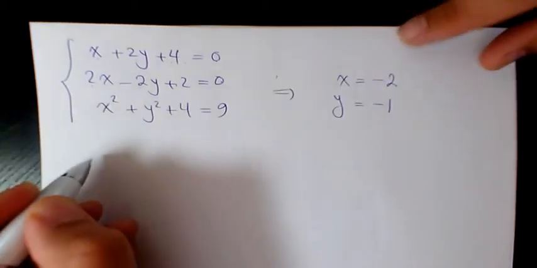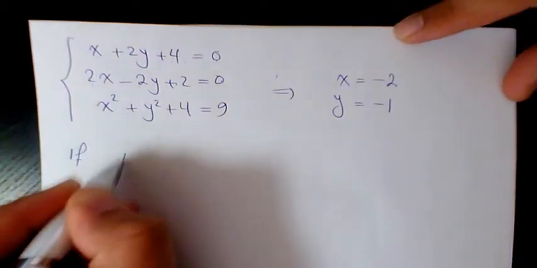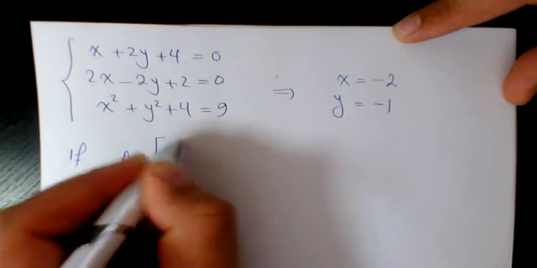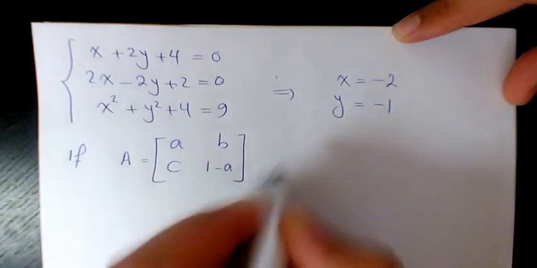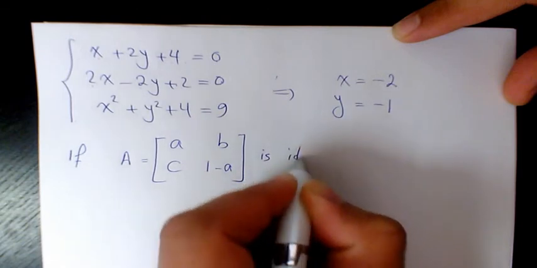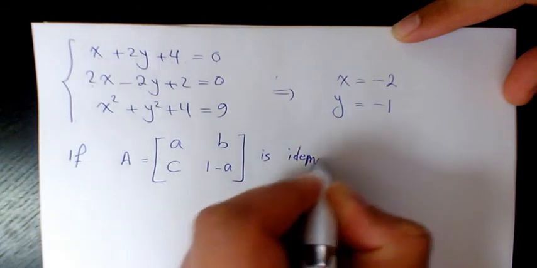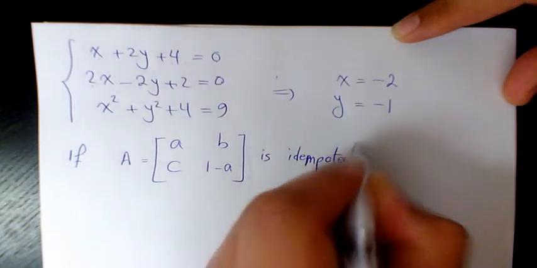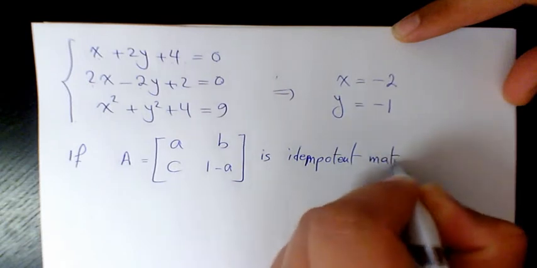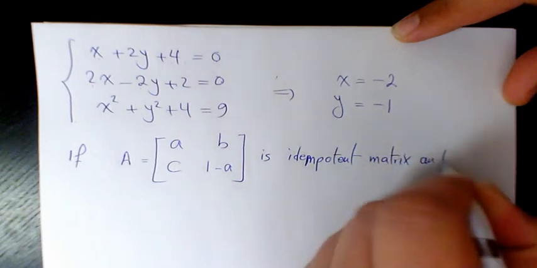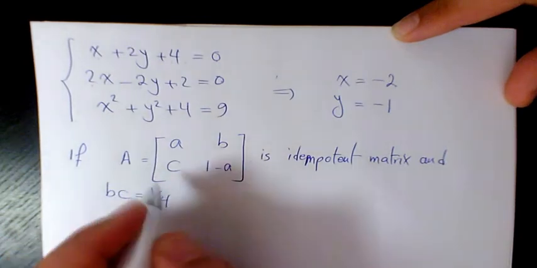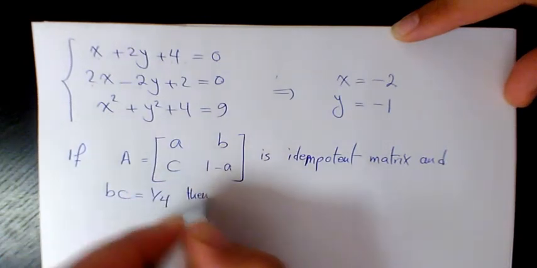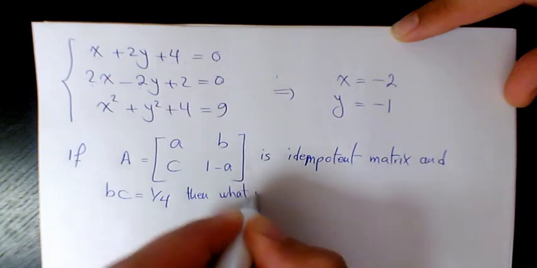The next example is saying that if A equals the matrix A, B, C, 1 minus A is an idempotent matrix and BC equals 1 over 4, then what is the value of A?